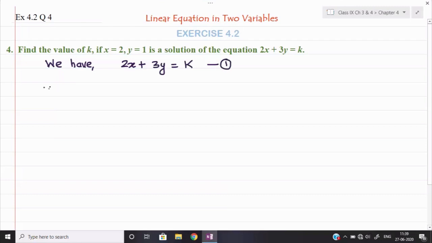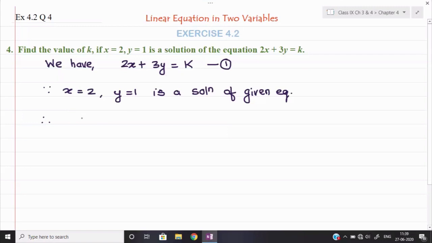Now since x equal to 2 and y equal to 1 is a solution of the given equation, or you can say a solution of equation 1, what I am doing here is keeping the value of x equal to 2 and y equal to 1 in the above equation, because I know that when I put the value of x and y, it will satisfy the equation.